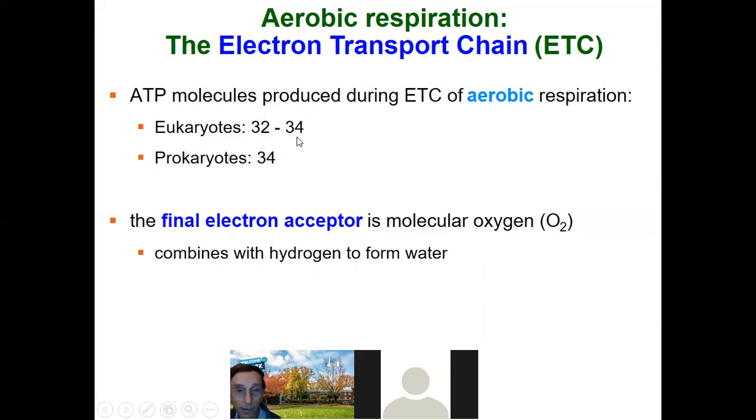Why do you think your heart, your liver, and the kidney are more efficient and generate 34 compared to the cells of your nose or your skin? If nobody answers, I'm going to say your brain cells also only generate 32 molecules of ATP.